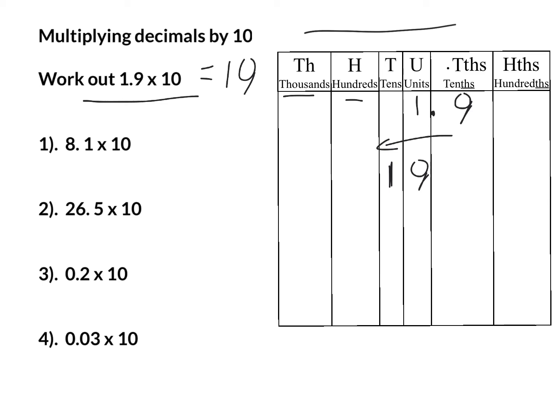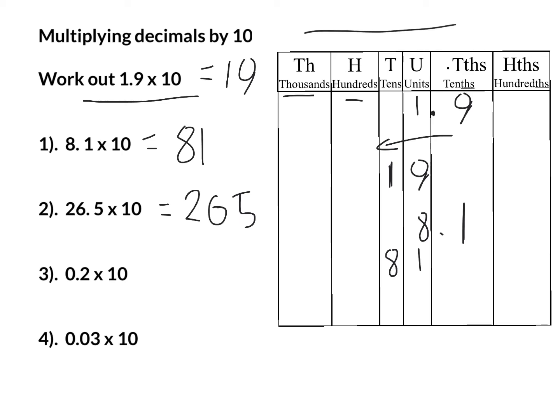So if I put 8.1 down, so 8 is 8 units, and then you've got 1 tenth, and move everything over to the left, which means the 8 would now go over here in the tens, and the 1 in the tenths would now go over in the units. So the answer to this question would be 81. Okay, 26.5. If I move everything over one place to the left, the answer would be 265. Okay, and you can see the decimal point then has been removed.